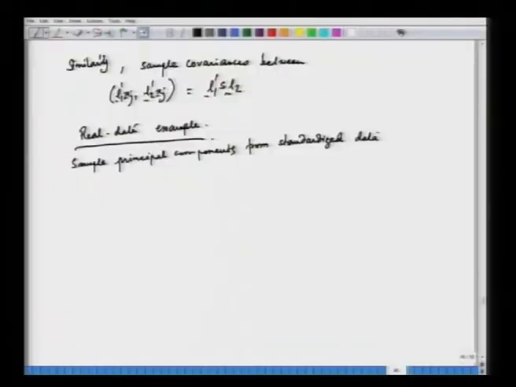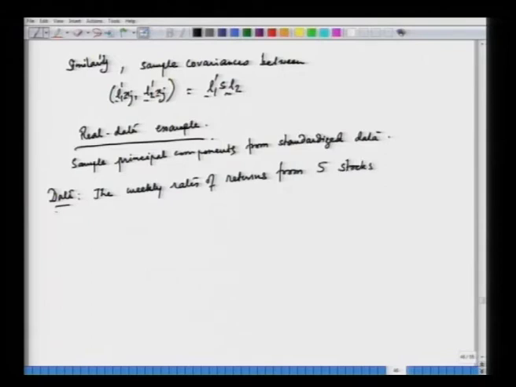So, that is what we are going to do here. We are calculating sample principal components from standardized data, and the data in this example are the weekly rates of return from 5 stocks.